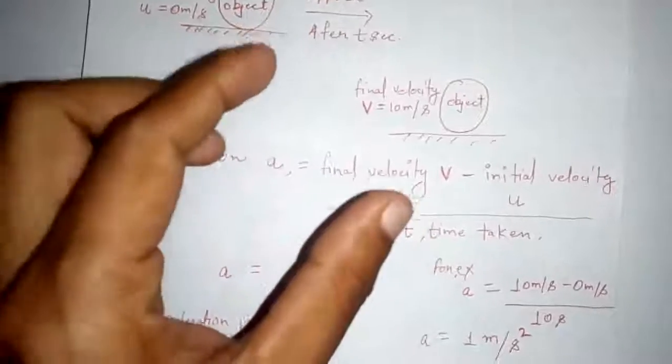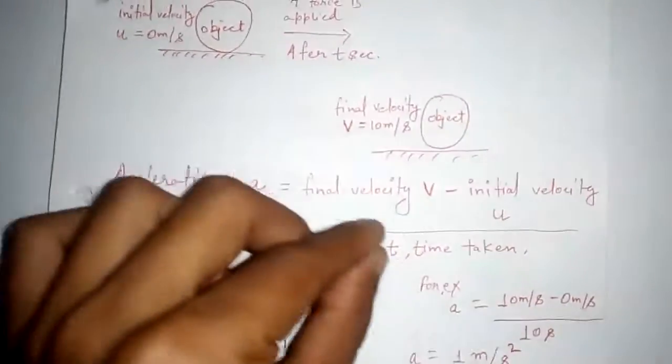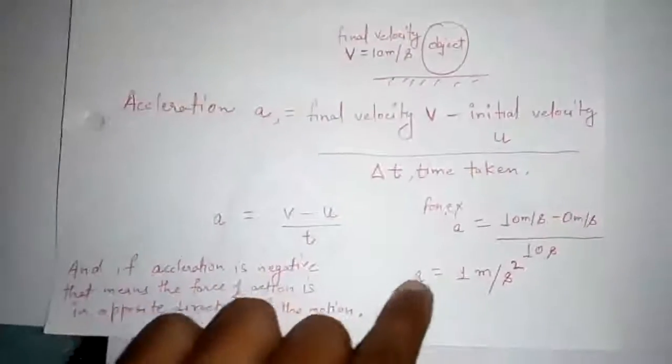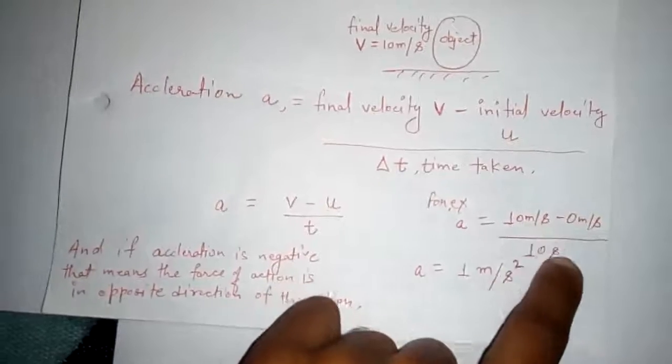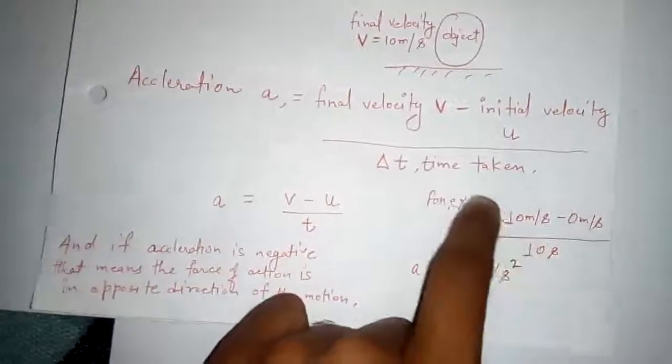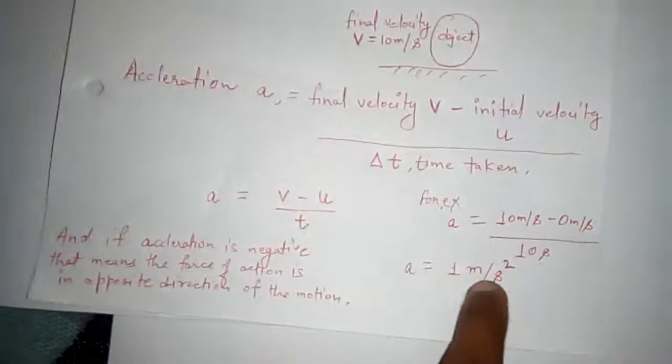In 10 seconds, the velocity went from 0 meters per second to 10 meters per second, which means 10 meters per second upon 10 seconds; 10 cancels with 10, and the acceleration becomes 1 meter.